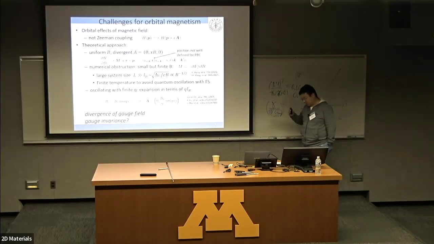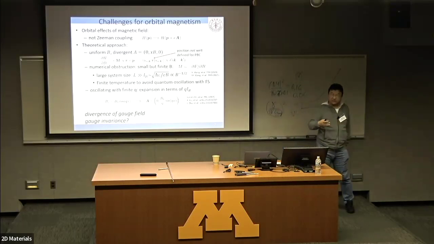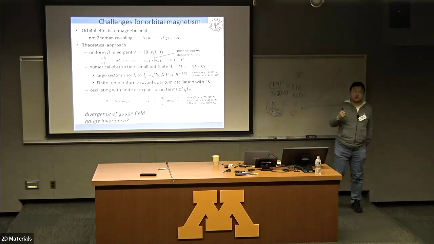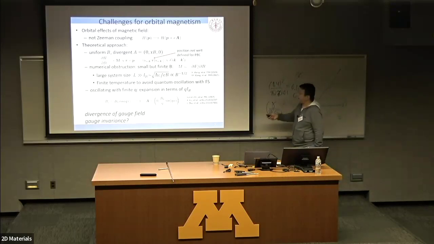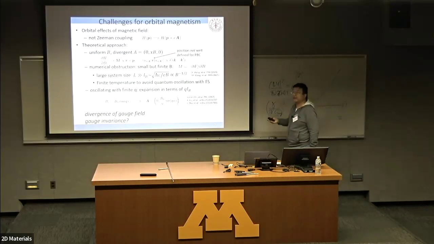Another issue, which has been rarely discussed, is the gauge invariance of these approaches. In all of them you have to assume a particular choice of the gauge field A, and it's not easy to prove that your final result is independent of the gauge choice.